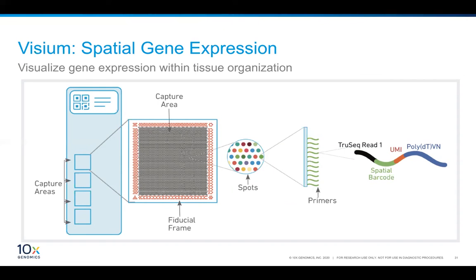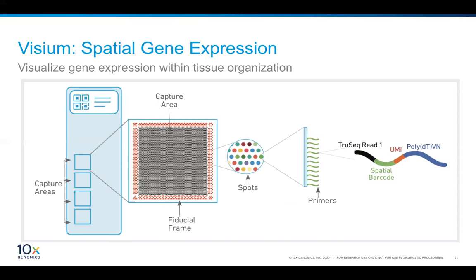The oligos on the probes contain a poly-dT stretch that enables the capture of polyadenylated RNA molecules, and the oligos also contain the spatial barcodes, which identify the locations of where the transcript is found on the tissue. The oligos also contain the UMI, which is used to identify the particular molecule that is present in your library.